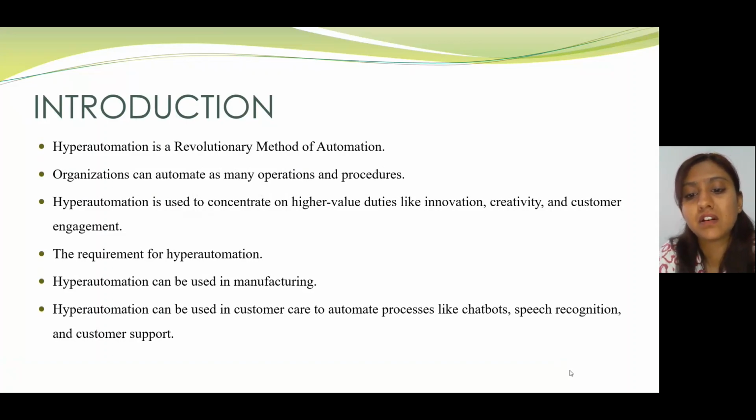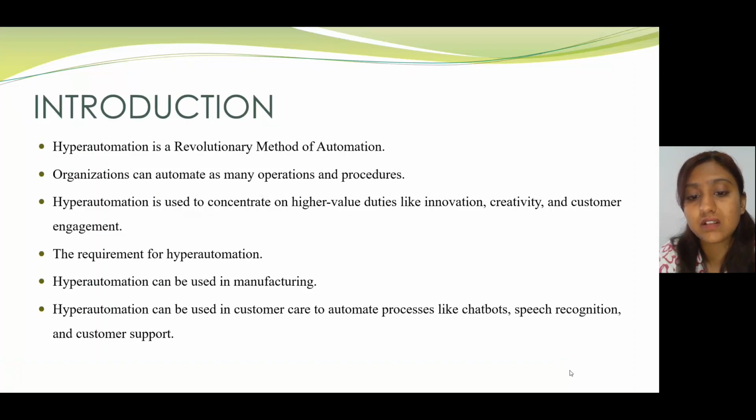In healthcare, it can automate patient intake, medical billing, and medical record keeping. In manufacturing, it is used to automate processes like inventory management, supply chain management, and quality control. In customer care, it can automate processes like chatbots, speech recognition, and customer support.